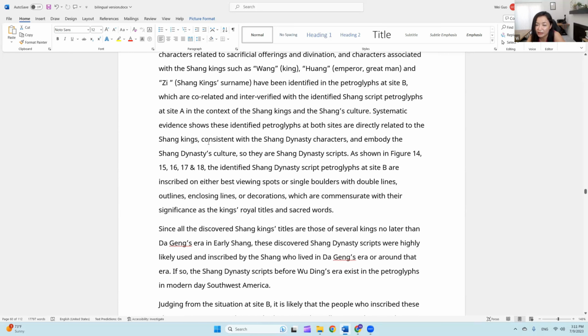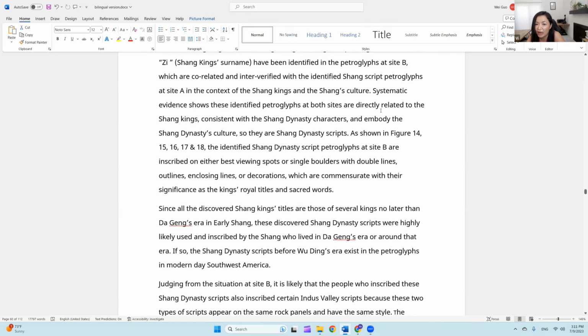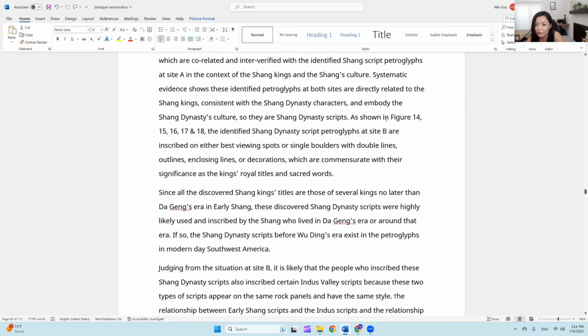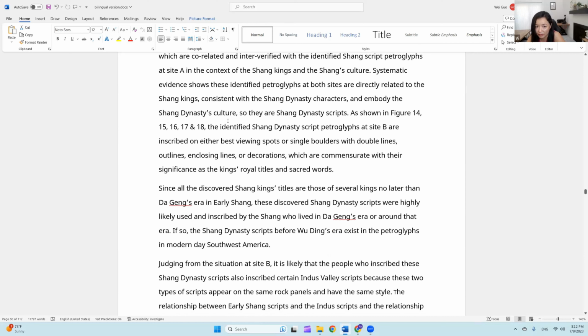So, systematic evidence. If there were one or two similarities, I could not say it's evidence. But this is systematic evidence showing that the identified petroglyphs at both sites are directly related to the Sun Kings, consistent with the Sun Dynasty characters, and embody the Sun Dynasty culture.